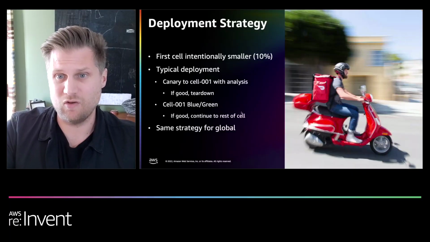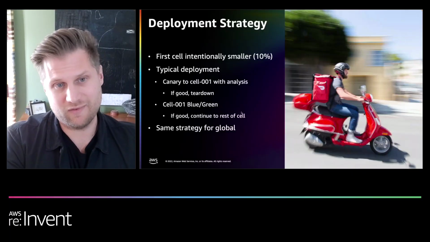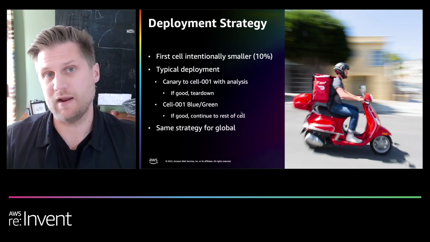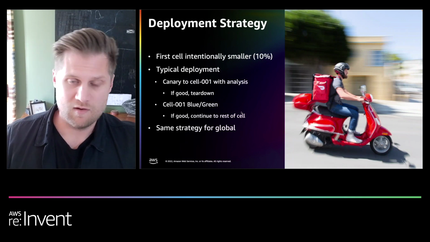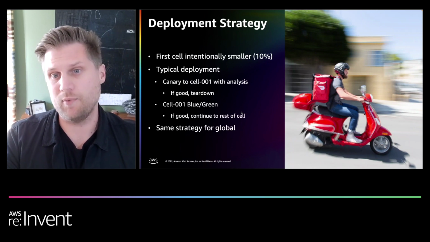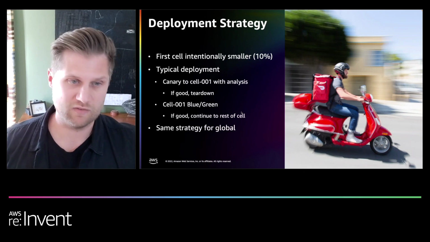I want to chat a little bit about deployments and what a typical deployment looks like. So here's a quick look at that. If it's in supercell, remember again that the first cell is intentionally smaller. So when we do a deployment, there's a much smaller impact when we're deploying to cell 01. First, we do a canary deployment to cell 01. We follow that up with a canary analysis, make sure everything looks good.